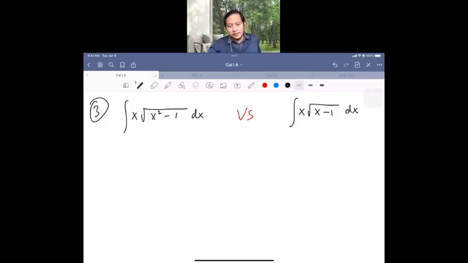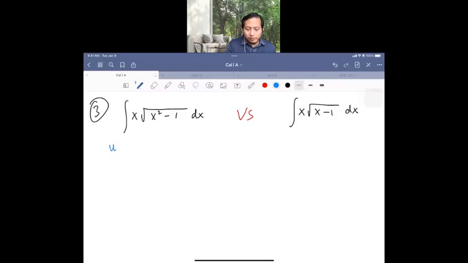The left part is easy because you can see the x squared minus 1. So you can use x squared minus 1, its derivative becomes 2x, and we can cancel with x, right?